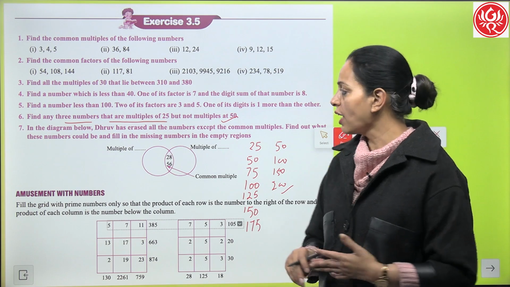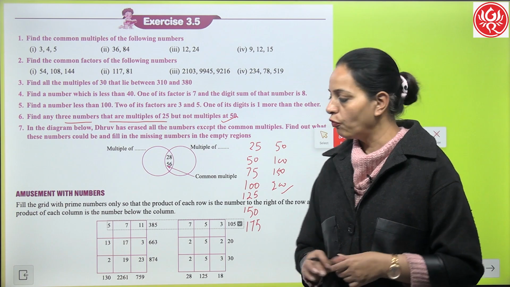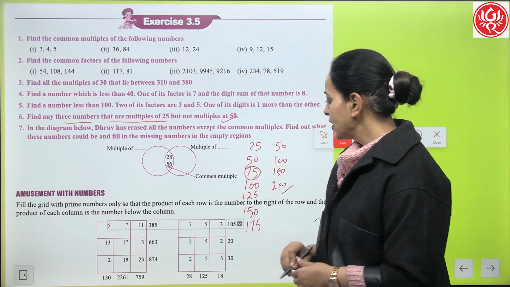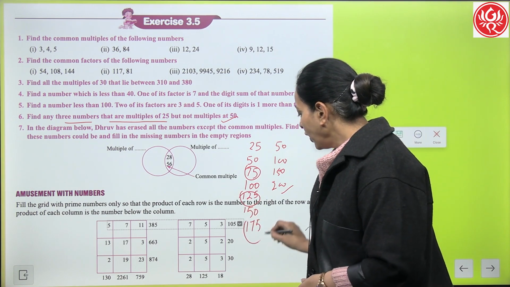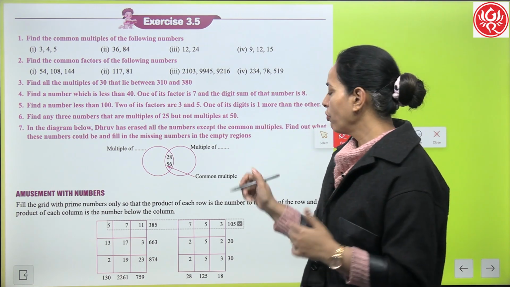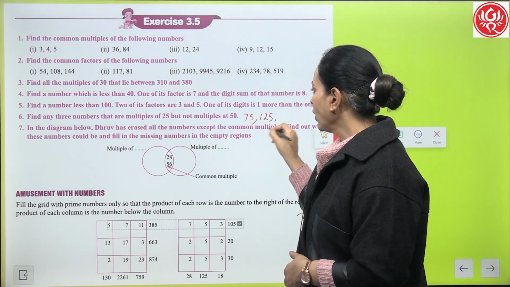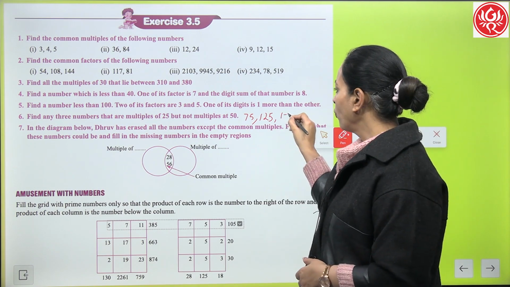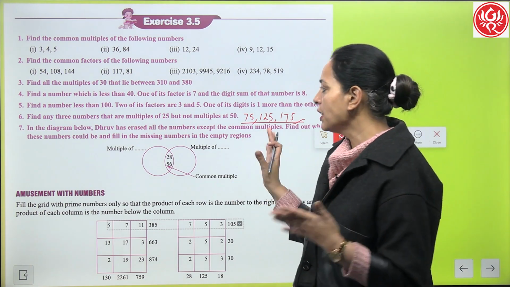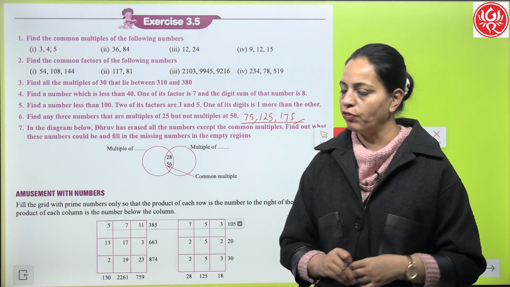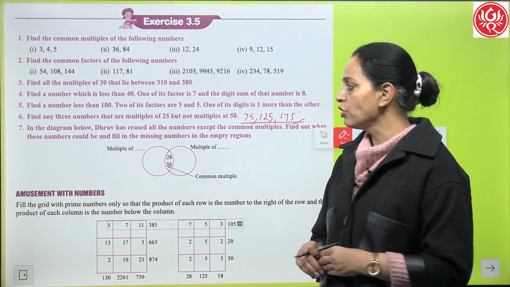So which numbers are multiples of 25 but not multiples of 50? That is 75, 125, 175. These are the multiples of 25 but not the multiples of 50. Similarly, you can try the 7th question. I hope these are clear to you.